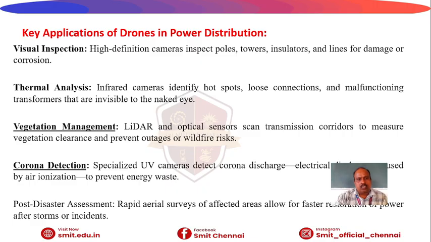In corona detection, specialized UV cameras detect corona discharge, electrical discharges caused by air ionization, to prevent energy waste. And post-disaster assessment: rapid aerial surveys of affected areas allow faster restoration of power after storms or incidents.